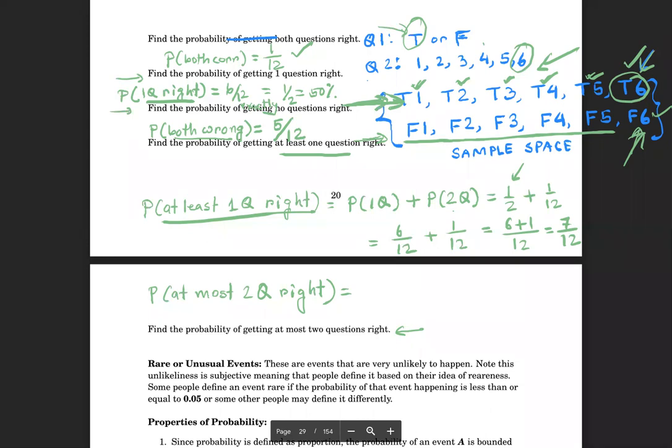All right, probability of at most 2 right means what? At most 2. I like to give this example. This is a sales gimmick. Somebody says 70% off, then in fine print, up to. What they're saying is at most.